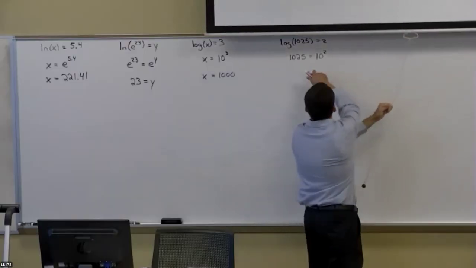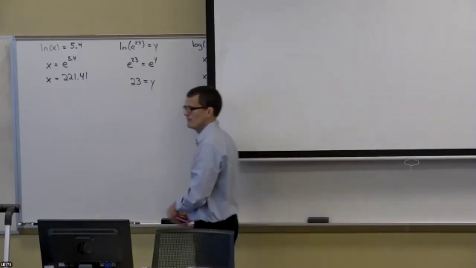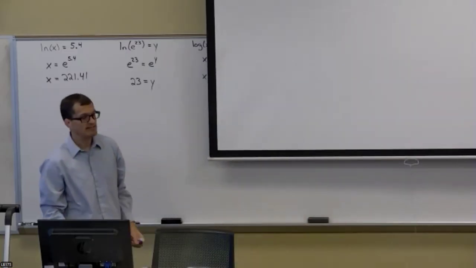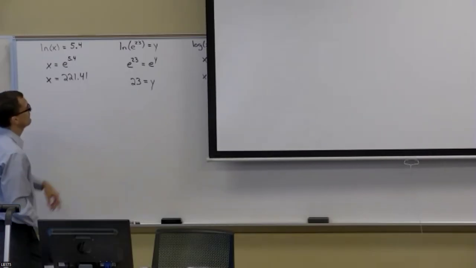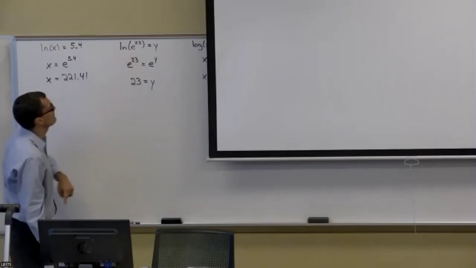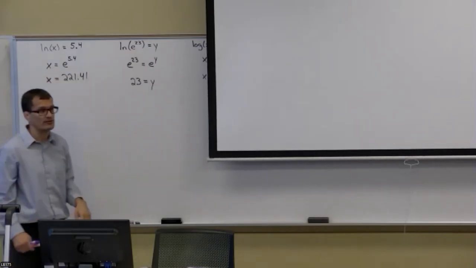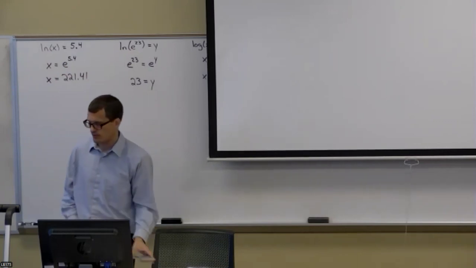It can take the log base 10 of 1025. In fact, it could have done this calculation as well, and we can confirm our answer over here and with the other one as well.